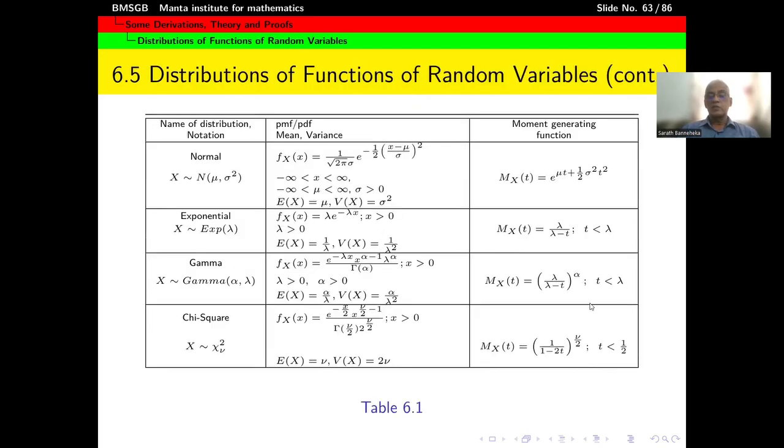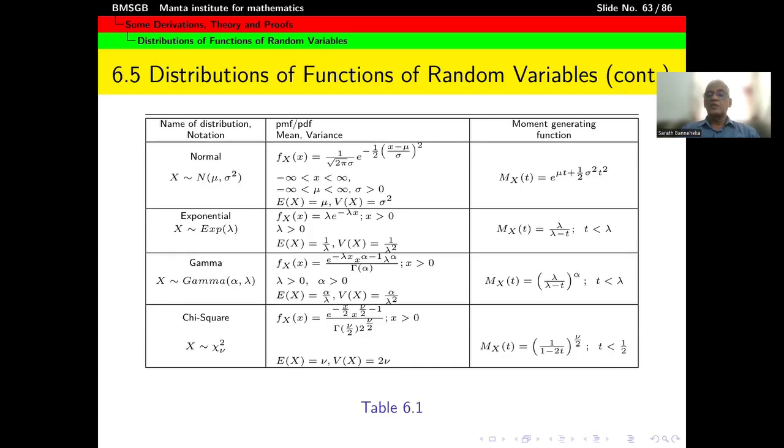So this is the moment generating function of X, and Y is equal to A times X. Therefore the moment generating function of Y should be M_X(at), so you have to replace t by at. Now M_Y(t) will be equal to lambda over lambda minus at, to the power alpha.